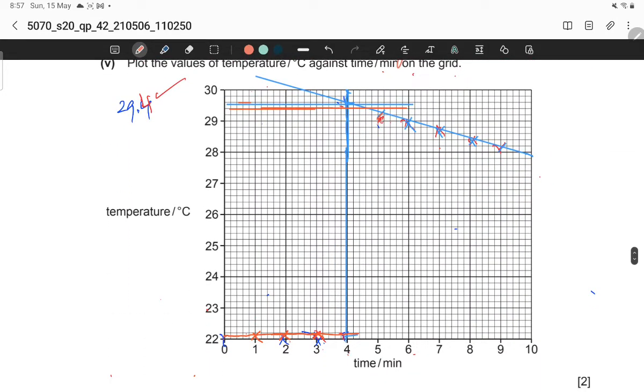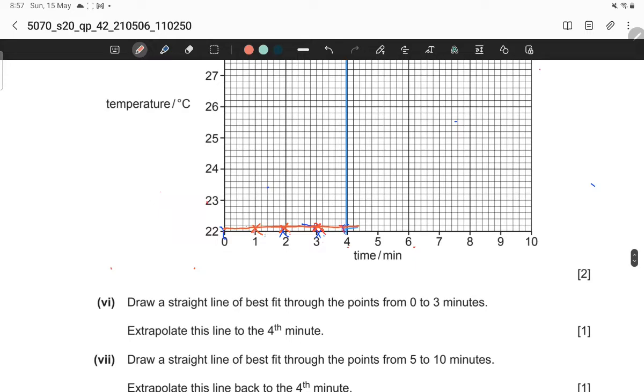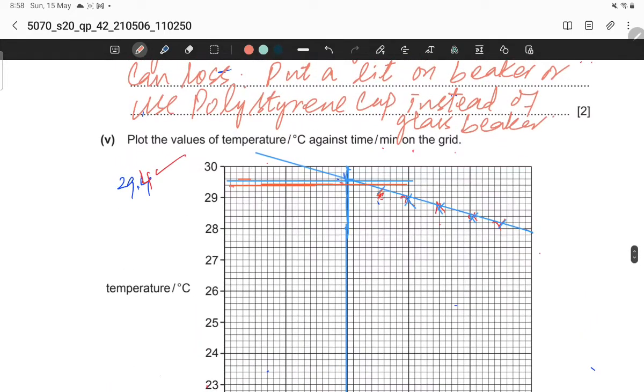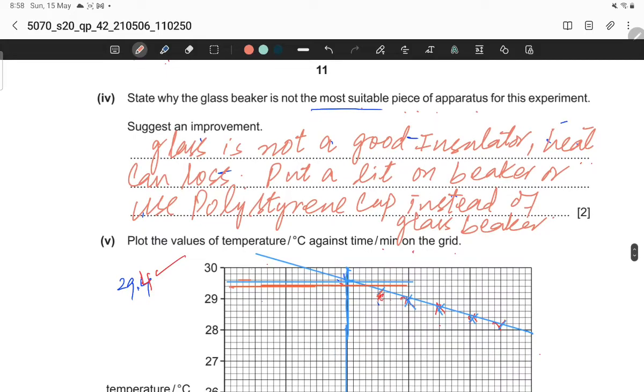So I have plotted the graph to save time. You can use 22.1, 22.1, and at the 4th minute we add the zinc, and then the temperature rise can be drawn over here.